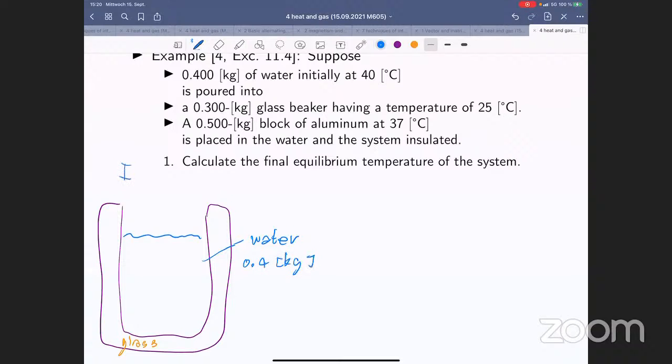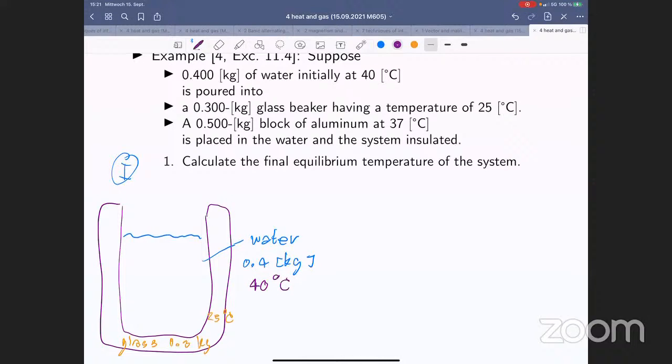This is state 1, right? And then state 2 is that the glass has a mass of 0.3 kilogram, and initial temperature is 25 degrees Celsius, and this one, the water, is 40 degrees Celsius.